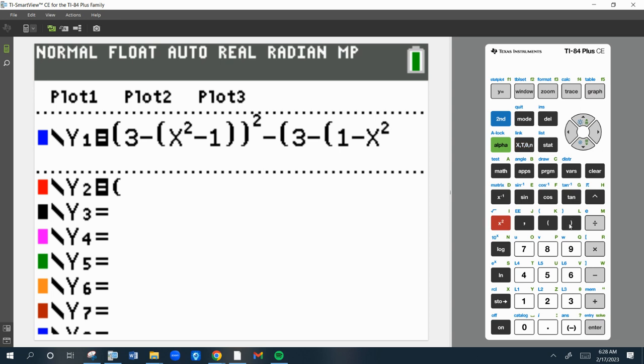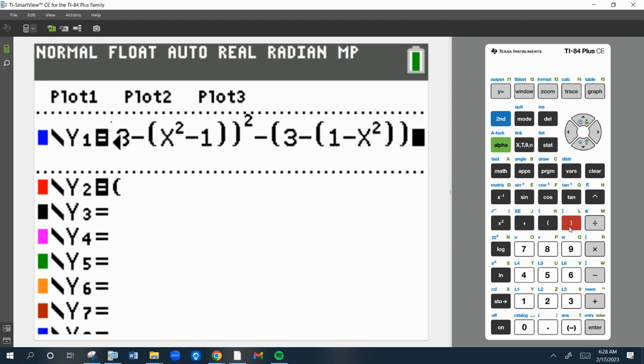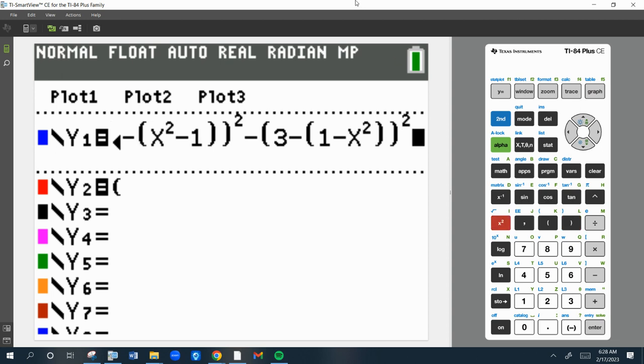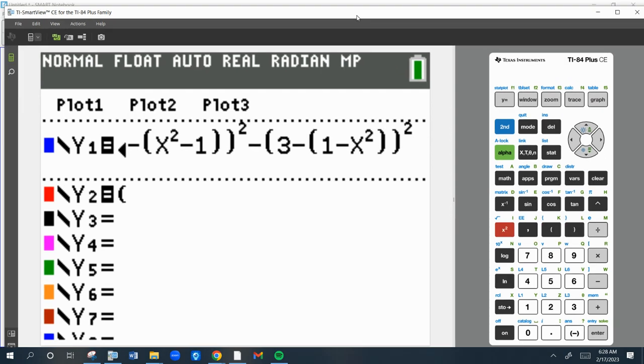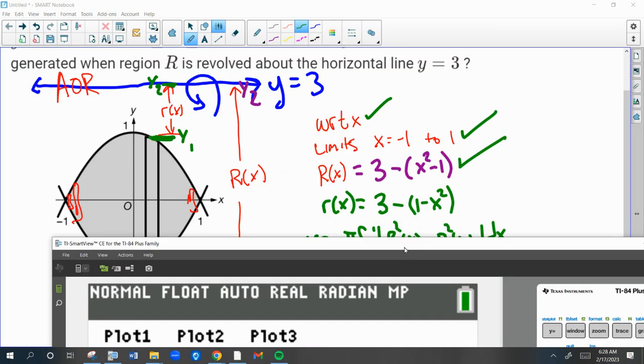I know you could do some simplification with the 3 and the minus, but we'll just put it in exactly how it's written. And I just have to remember here that I did not put in the pi, so I'm going to have to keep that in my answer.